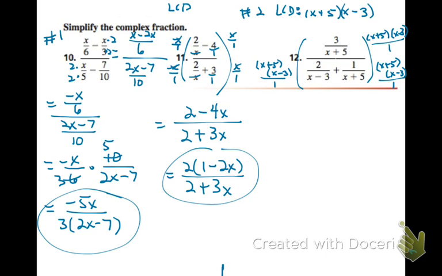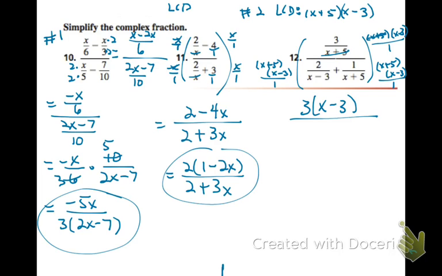Alright, in our numerator, you can see that 3 over x plus 5 times x plus 5 times x minus 3, these will divide out, and you'll be left with 3 times x minus 3.